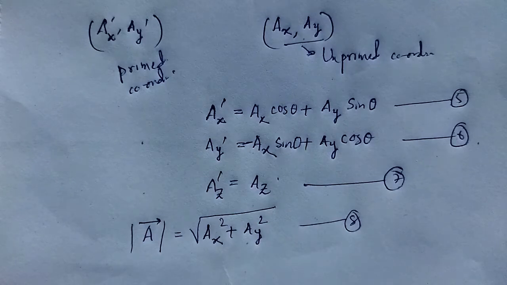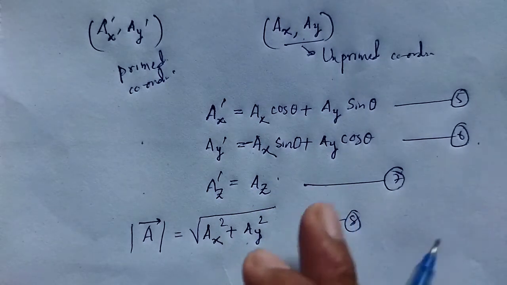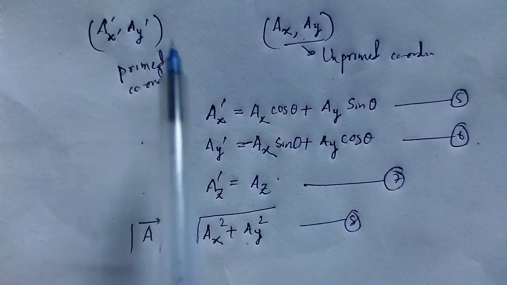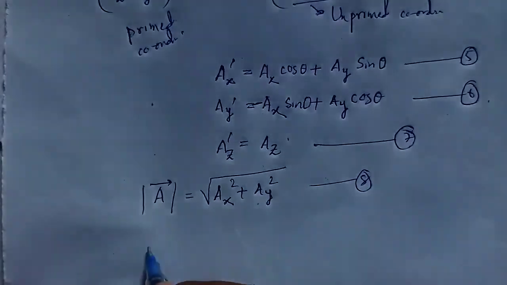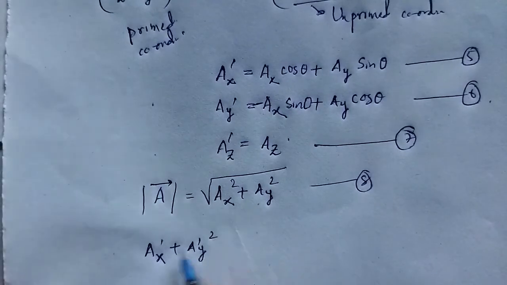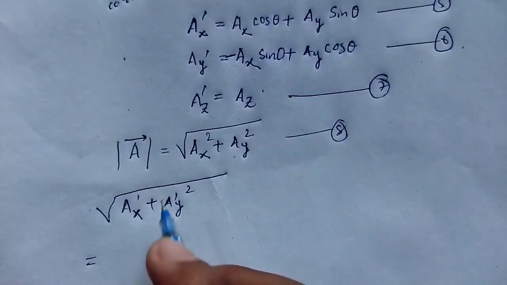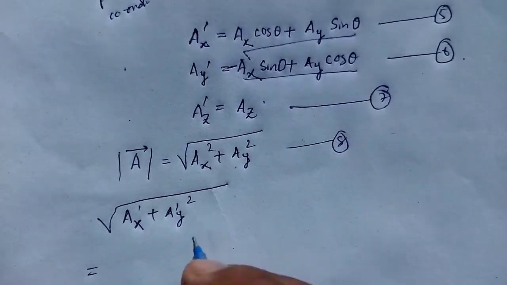Also, under rotation of the coordinate system, the new components of the vector are Ax dash and Ay dash, so the magnitude of the new vector under rotation about the z axis will be the square root of Ax dash square plus Ay dash square. We can easily solve by putting in Ax dash and Ay dash.